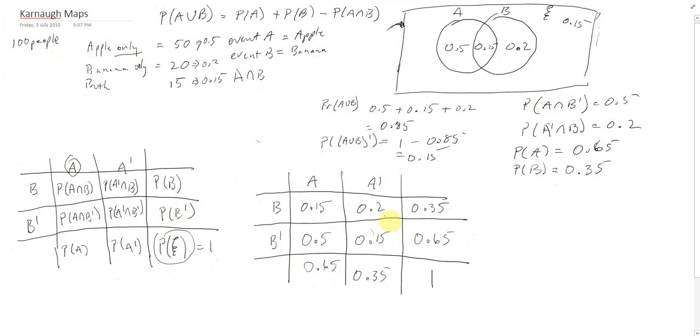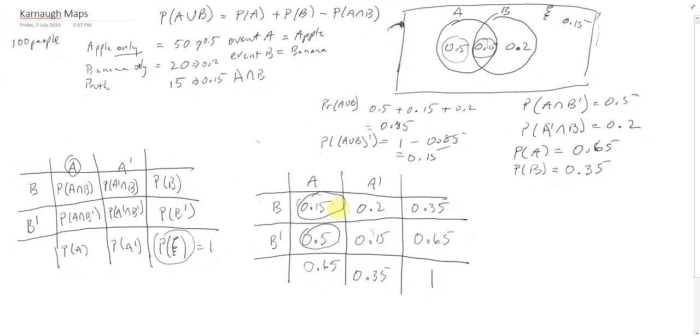And now we're ready to answer lots of questions. Now, before we do that, let's just compare this table and our Venn diagram method, and we'll find that they're the same. So here's 0.5 for apple and not a banana, it's the same. This one here, apple and a banana, it's the same.